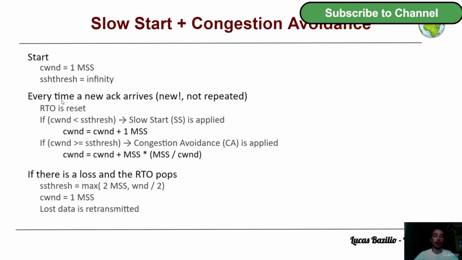So every time a new acknowledgement arrives, a new one, not repeated, we are going to increment the value of the congestion window in one maximum size, always when the congestion window that we have at the moment is less than the slow start threshold.